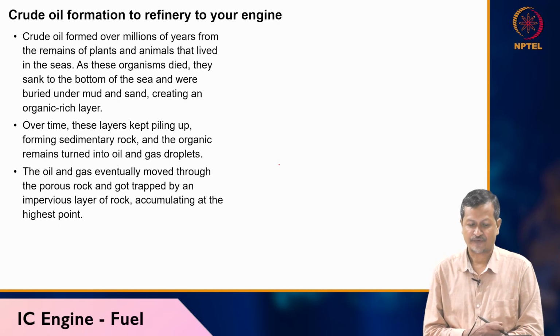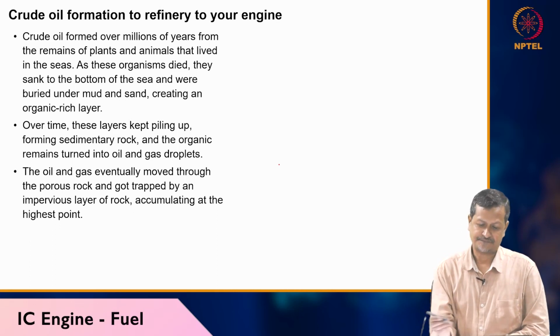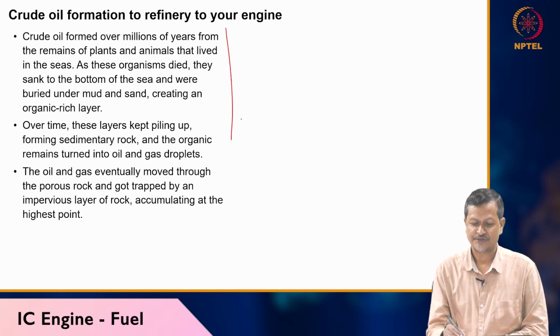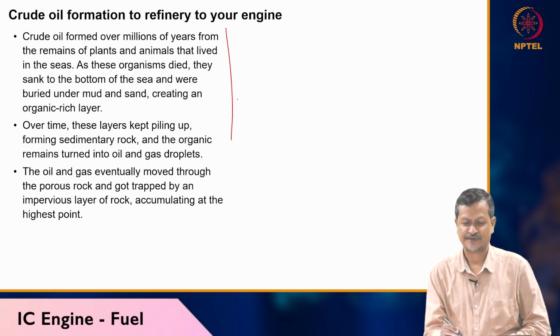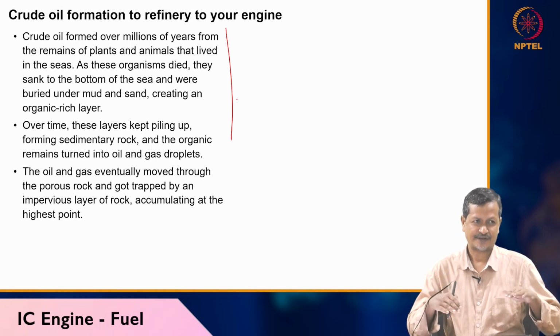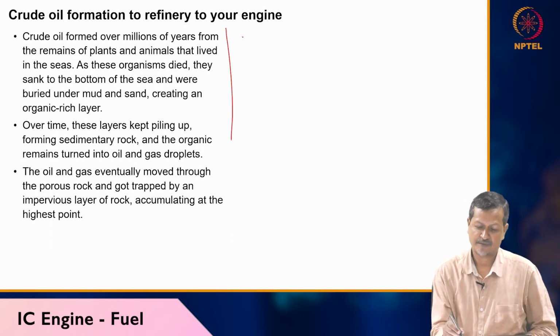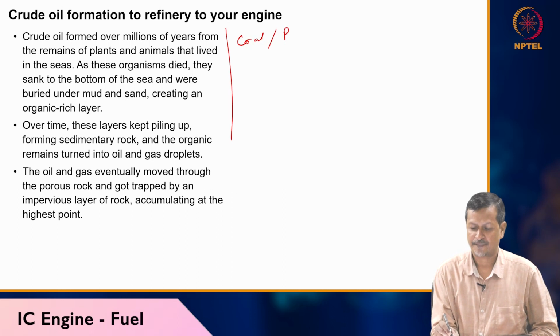So, crude oil formation to refineries to your engine. Crude oil formation: you know that thousands of millions of years ago, lots of algae, flora, fauna, all these things got deposited, and those got transformed into fuel. It became coal or petroleum.